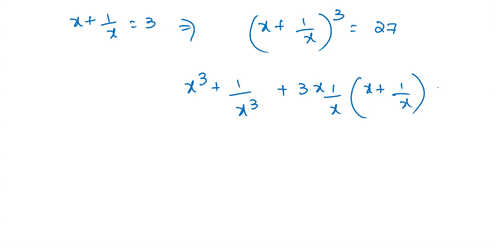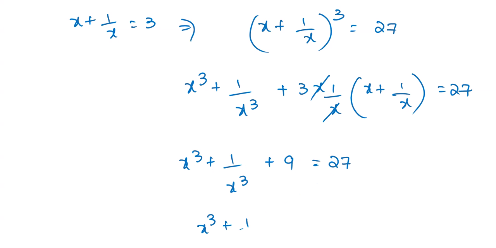Here x will get cancelled. x plus 1 upon x is equal to 3, 3 into 3, 9 will come. So now 27 minus 9, your answer should be equal to 18. x cube plus 1 by x cube is equal to 18.